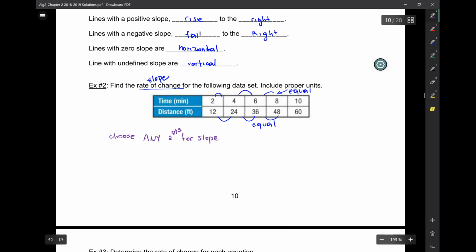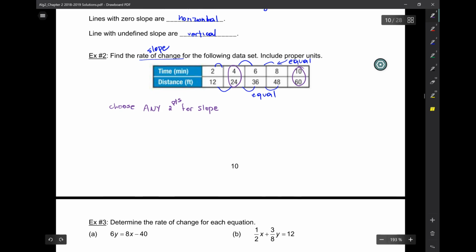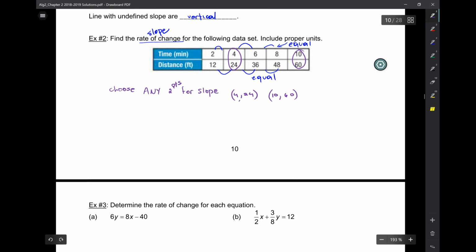All right, so let's choose the first, the second, and the last. I could just go totally random. So I'm gonna choose 4, 24, 10, 60.